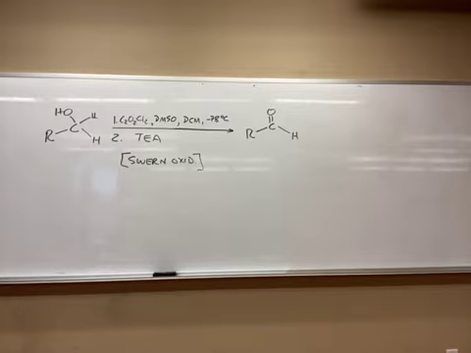The reason for it is this sulfur is withdrawing, it's actually weakening this system. So this is the more acidic, it has a lower pKa than this hydrogen. So when you put the base, it's going to hunt this molecule, it's going to find the proton with the lowest pKa.